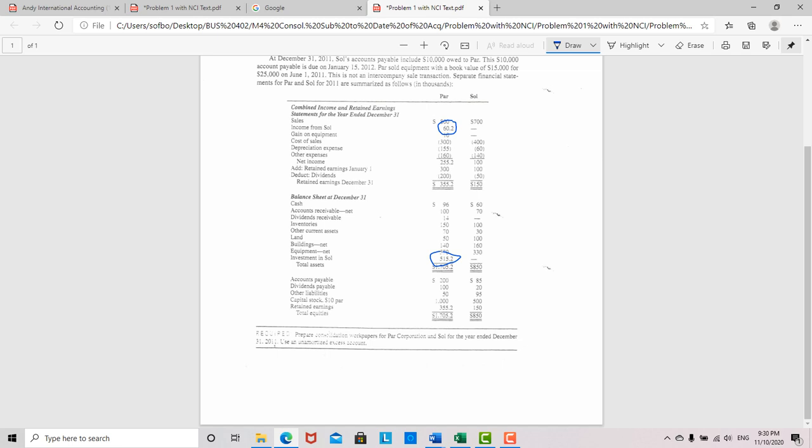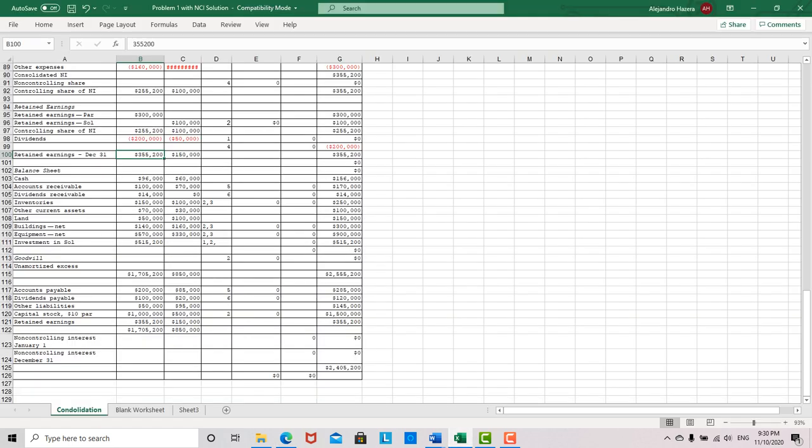You're going to see on the worksheet that these are the same financial statements. And I'm going to confirm to you just now before stopping this video that the parent has 60.2 income from Sol on its post-equity method income statement that it's going to use in the consolidation, and that it has investment in Sol of 515.2, which is going to be on the balance sheet that it uses for the consolidation. And here's the confirmation right here. These are the consolidation working papers.